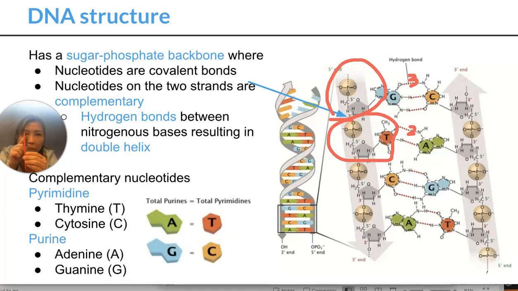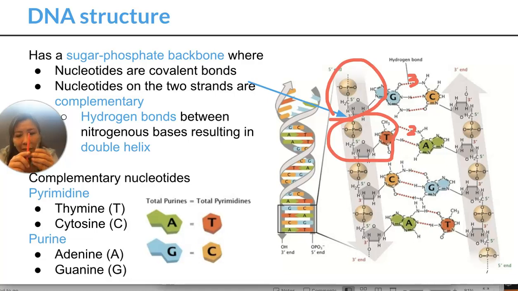So we're going to assume the tip is the 5' end. So the 5' end is on this side, 5' end is on this side. The information is the same on both strands, but they are going to be complementary of one another because you're basically making a photocopy of this strand and putting it over here. So they have the same information.